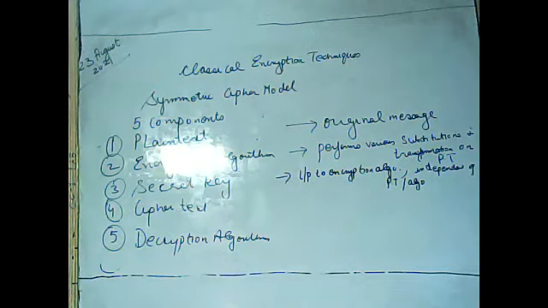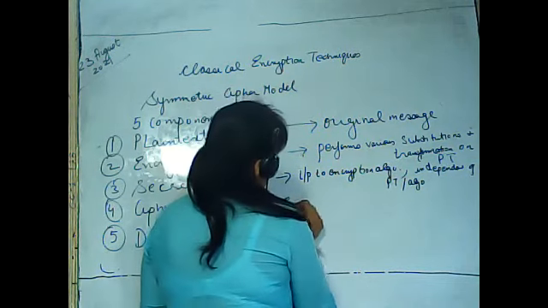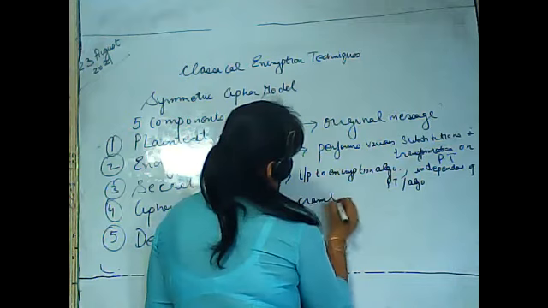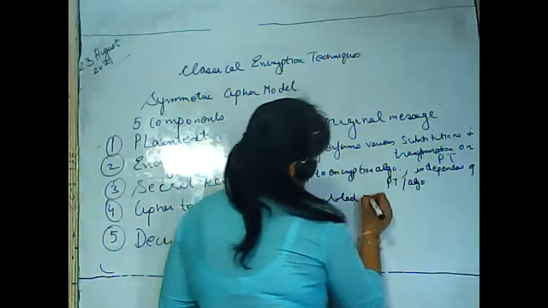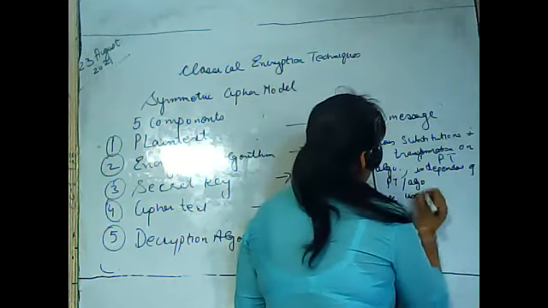Next is the ciphertext. Okay. The ciphertext is a scrambled message produced as output. Scrambled message used as output.